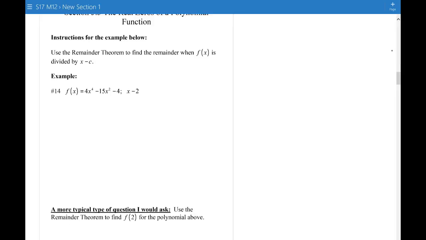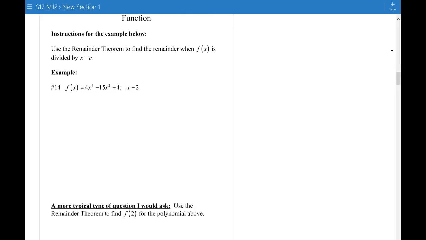Okay, and this example says, use the remainder theorem to find the remainder when f of x is divided by x minus c. So here's the f of x, and you're dividing by x minus 2. Remember, when you're doing synthetic division, the number that you put in the little pocket is the c of the x minus c.